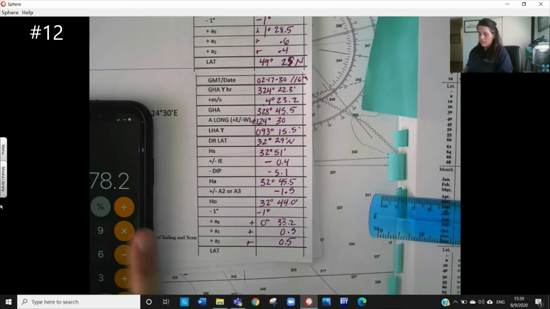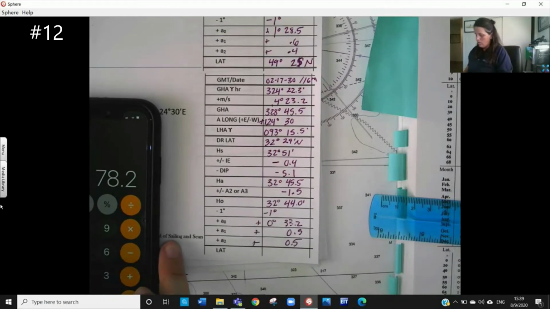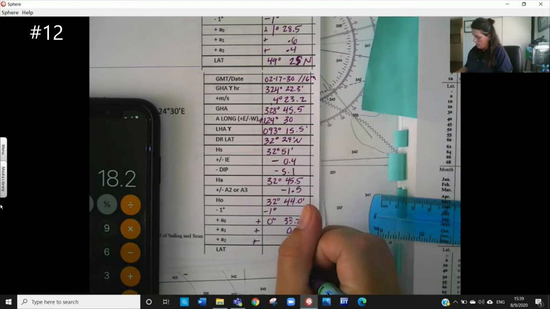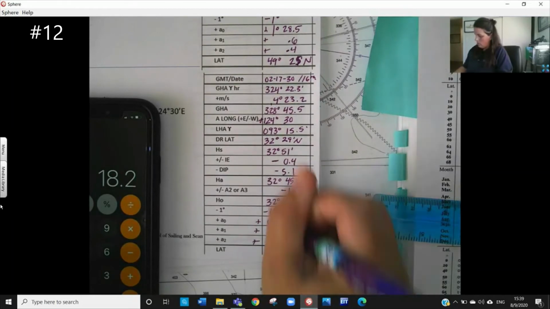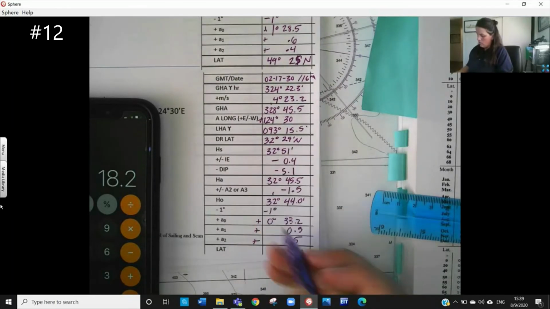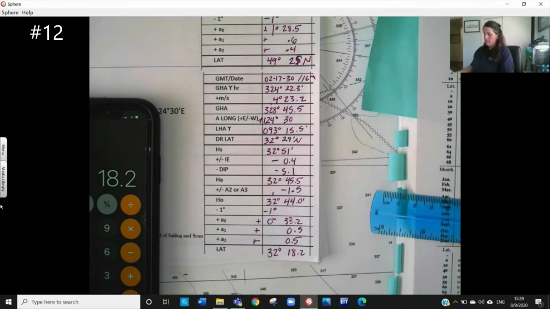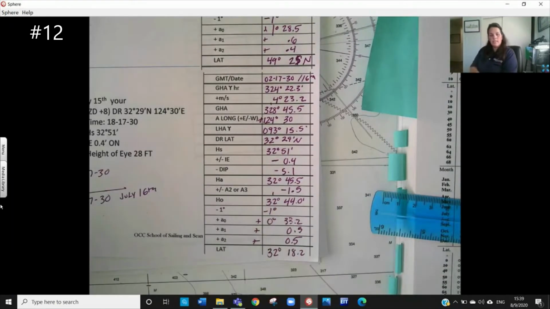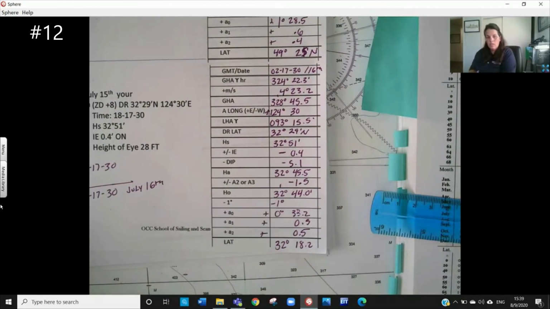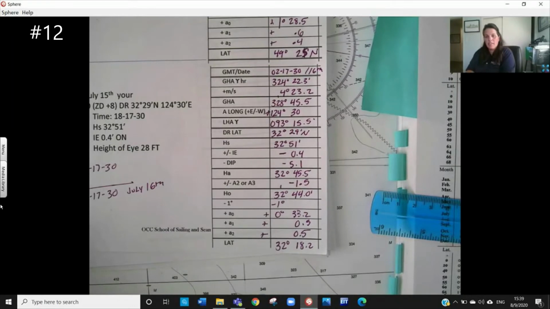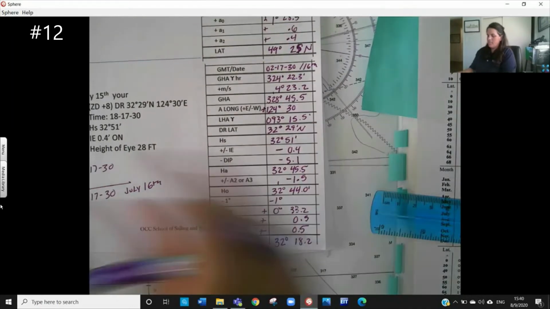Gives us 78.2, subtract 60, gives us 18.2. Carrying the 1, those ones cancel, so we get 32 degrees, 18.2 minutes as our latitude, which is pretty close to our DR. So we call that pretty good. All right.